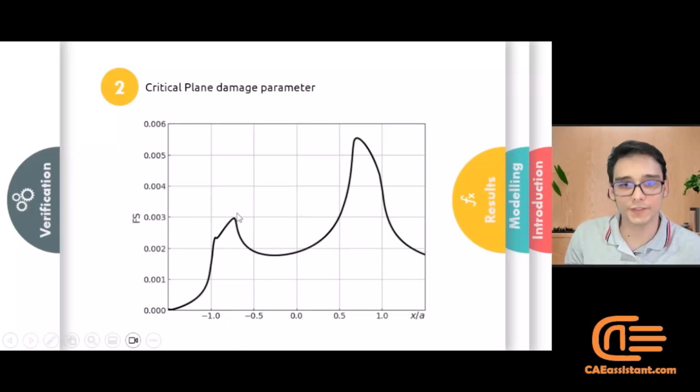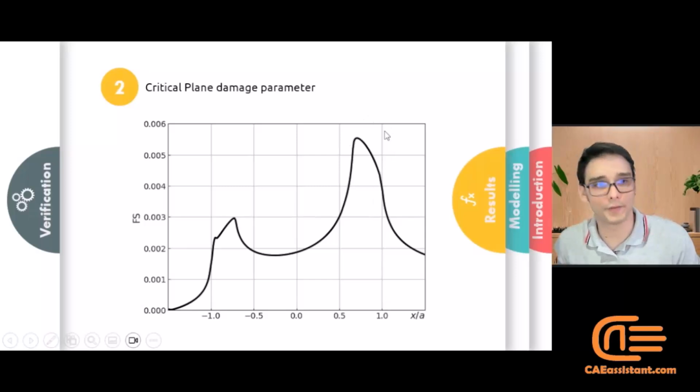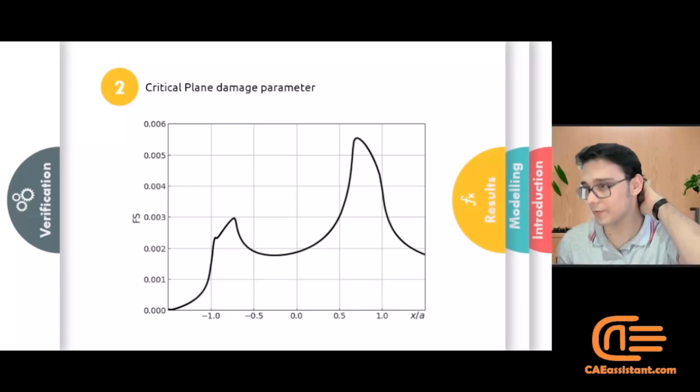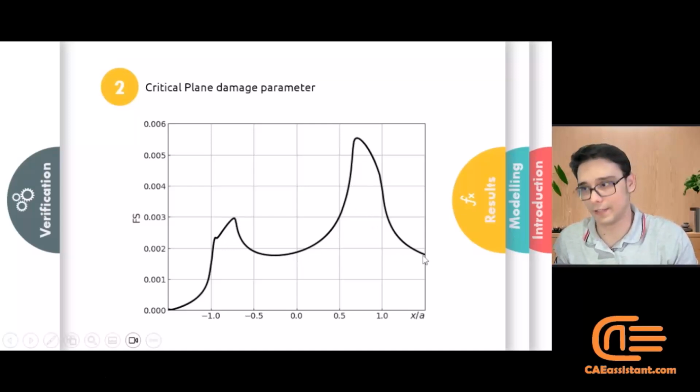As you can see, near the edges, or well, most likely near the right edge, we're going to have the maximum value of the Fatemi-Socie parameter, just as we disclosed earlier. And it will normally have some kind of figure like this one.